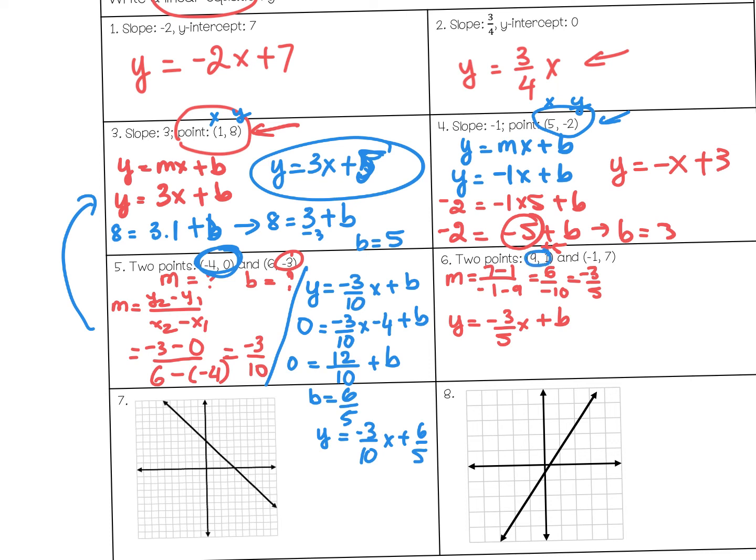Okay, 1 equal to negative 3 times 9, negative 27 over 5 plus b. Okay, and then after that, add 27 over 5 on both sides.